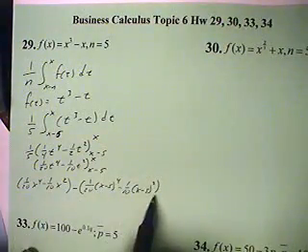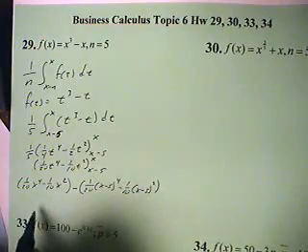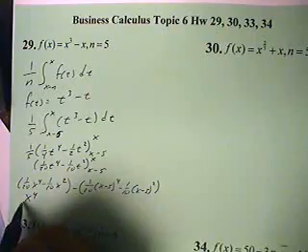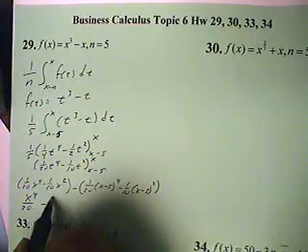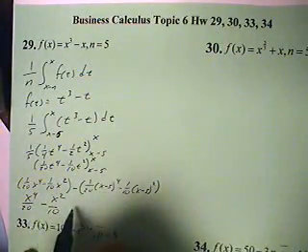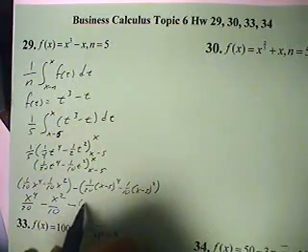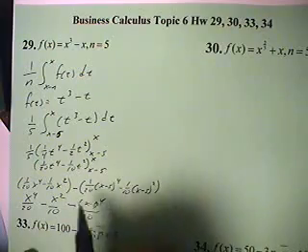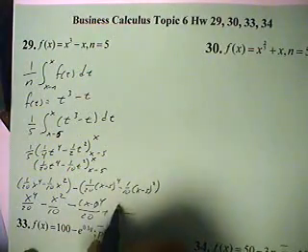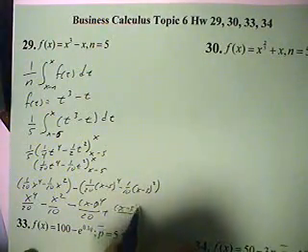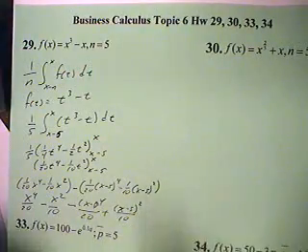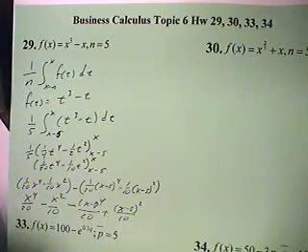Then I'll distribute my negatives, and what we'll finally get is x to the 4th over 20 minus x squared over 10 minus x minus 5 to the 4th over 20 plus x minus 5 to the 2nd power over 10. And this is our function.